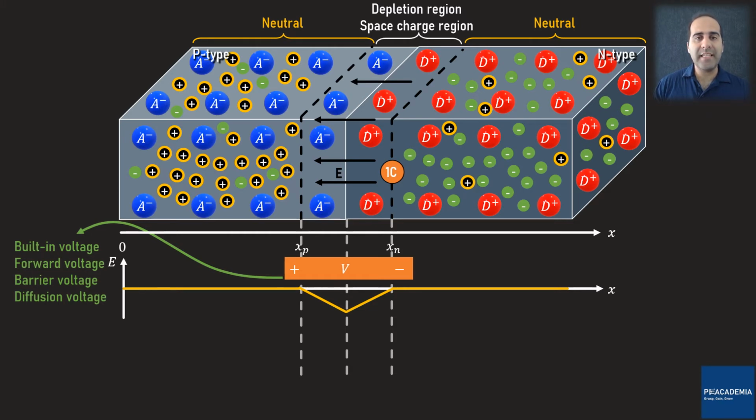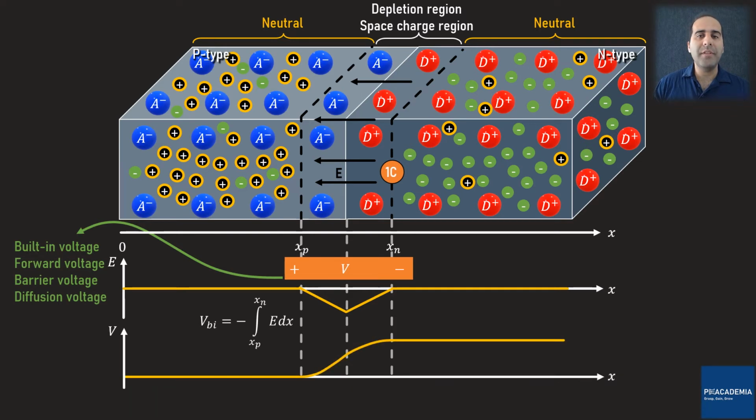As a result, we can calculate the built-in voltage by integrating the electric field from xp to xn multiplied by a negative sign. So, if you do the calculation, the waveform of the voltage across the depletion region is obtained. The amplitude of this voltage is the built-in voltage.